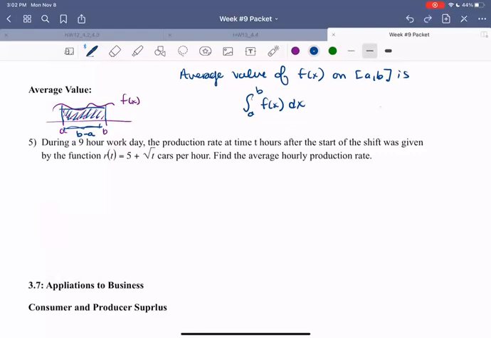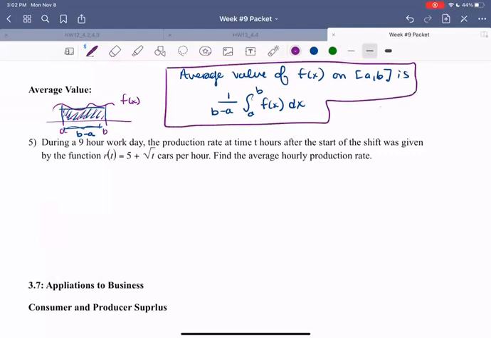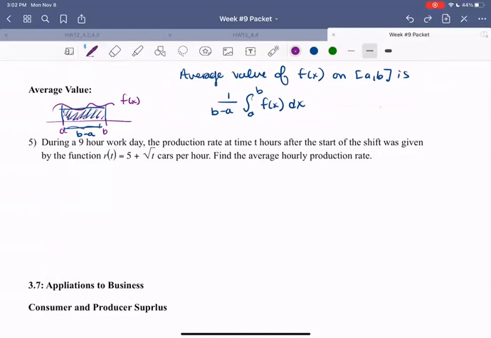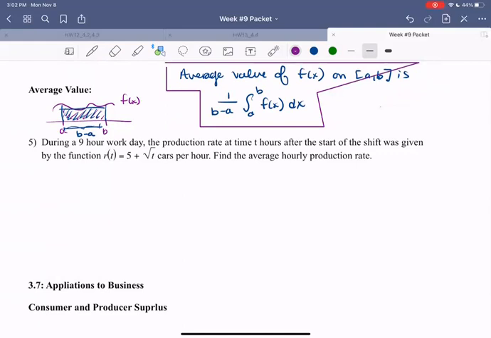Another way to write this, which is more common, is to multiply by 1 over b minus a. It's the same computation: one way says divide by b minus a, another says multiply by 1 over b minus a. So here is the average value of a function. You might want to box this in your notes for later reference.